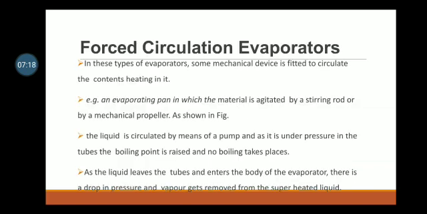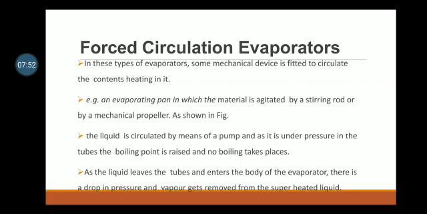Forced circulation evaporators. In this type of evaporator, some mechanical device is fitted to circulate the contents being heated in it. For example, an evaporating pan in which the material is agitated by a stirring rod or by a mechanical propeller as shown in the figure. The liquid is circulated by means of a pump and as it is under pressure in the tubes, the boiling point is raised and no boiling takes place.